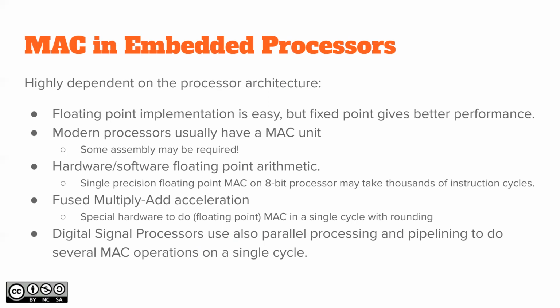So a floating point ALU takes about double the silicon space, meaning that it increases the price of the processor. So basically, in that sense, fixed point gives better performance for the same price of the chip.